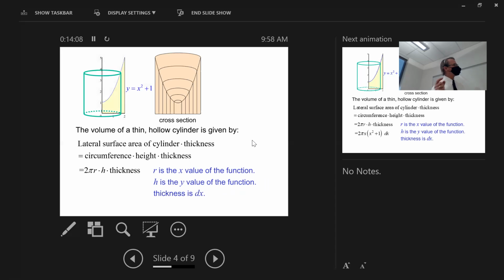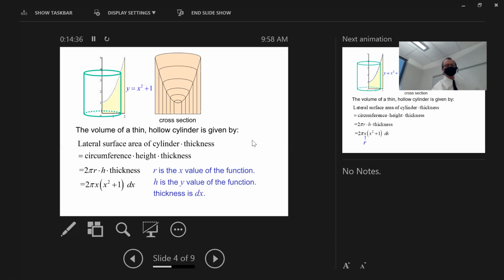Well, r, the radius of the can, is the x value of the function. Take a look at this picture. There's the radius. It's how far you went to the right for that can. The height is the y value. It's where the green can is hitting the curve. It's x squared plus 1. And the thickness is dx.